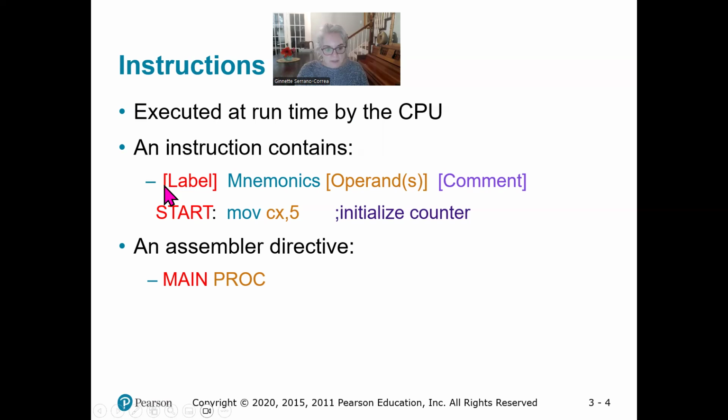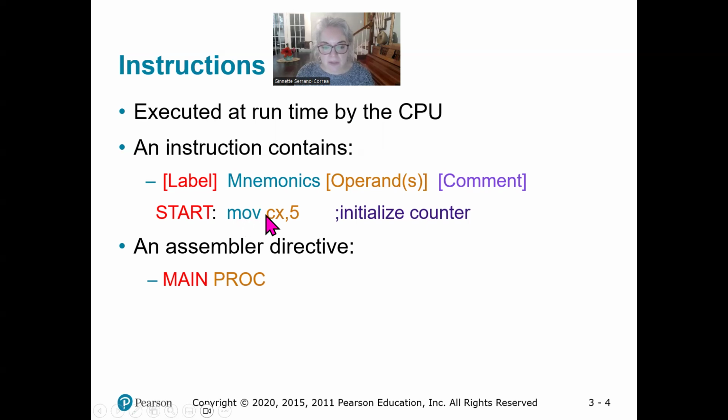But notice that label has these square brackets, and the square brackets mean that this is optional. We don't have to put labels in front of instructions. So anything with square brackets is optional. The operands are also optional because some mnemonics don't require any operands. And we'll look at some examples here.